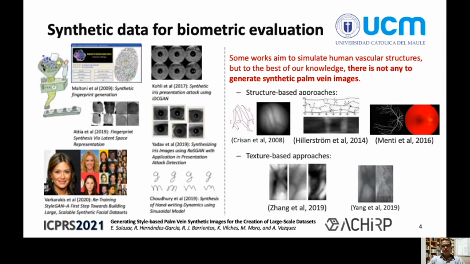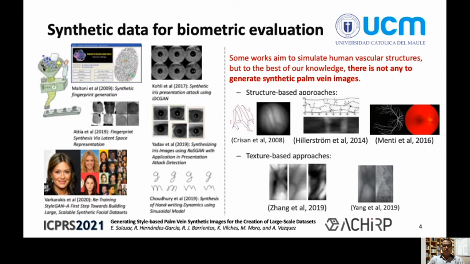Thus, in the second category, texture-based approaches use generalist models to simulate the visual and texture properties of vein pattern images. Among them, with the emergence and growth of generative adversarial networks, GAN-based approaches have been proposed with the main purpose of increasing the number of samples in the databases.